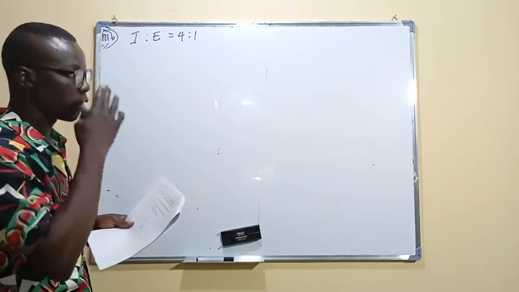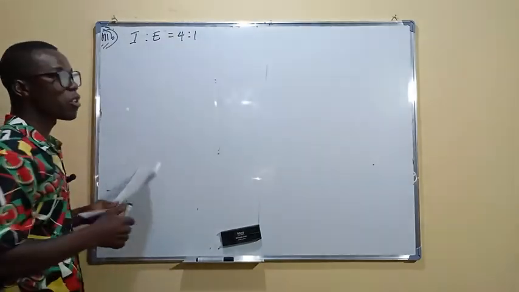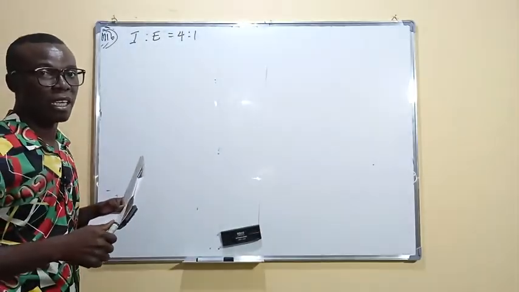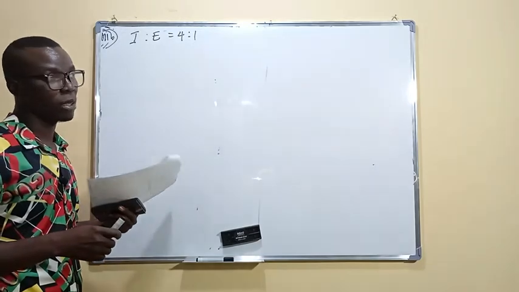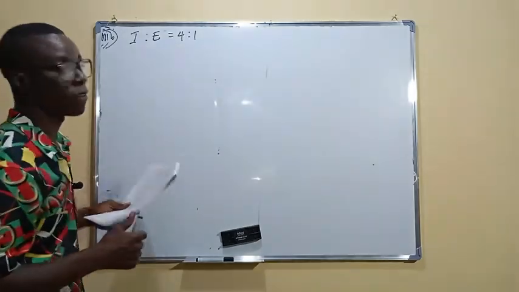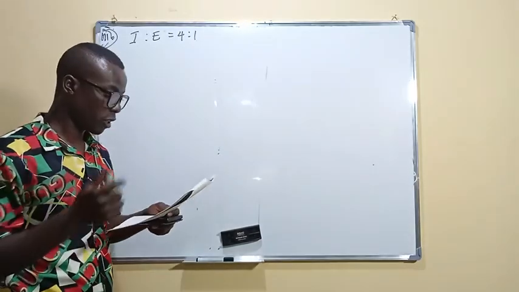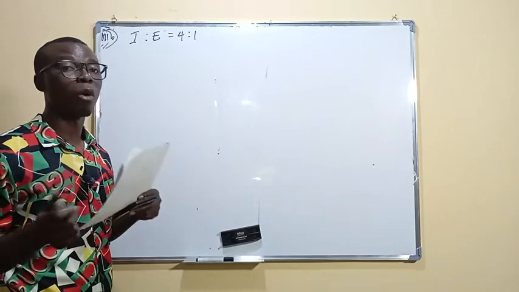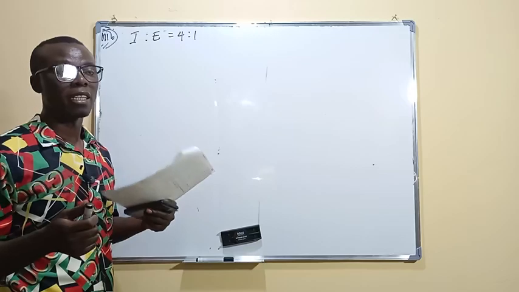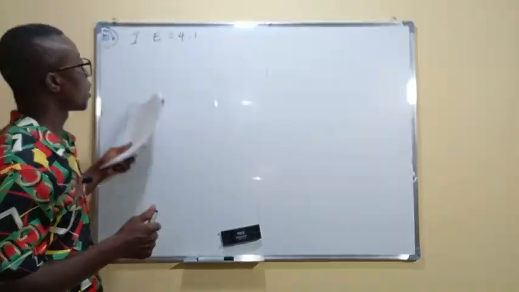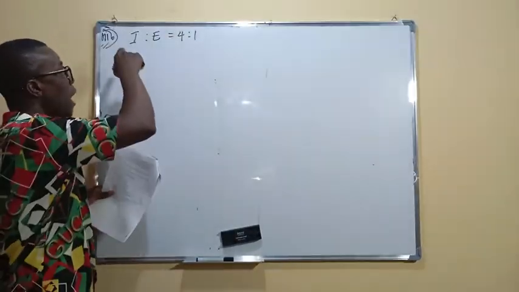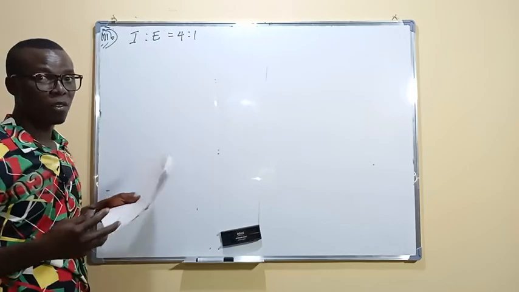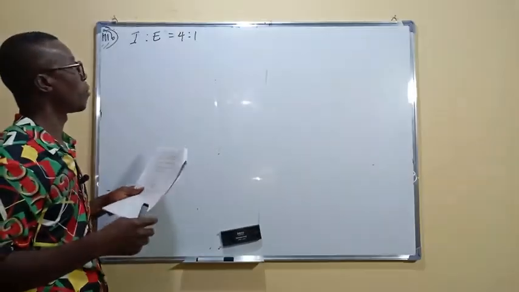Now, it will interest you to know that when you add up the interior angle and the exterior angle, they are supplementary. What am I trying to say? That for all regular polygons, when you add up the interior and the exterior, it must give you a total of 180.